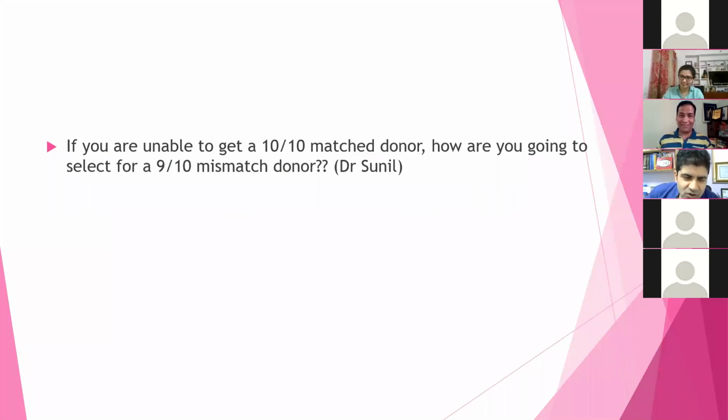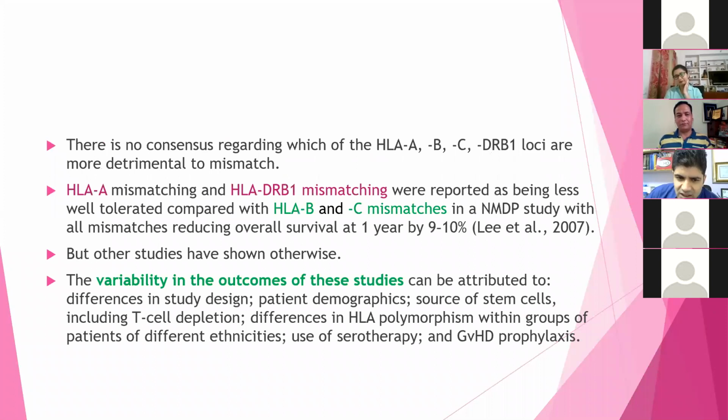To answer that question is very, very difficult, because when we read the randomized data, our impression is that 9x10s and 10x10s are almost the same. But we have to understand in the context of what disease group has been studied, what marrow graft has been used, and where the mismatch has been.